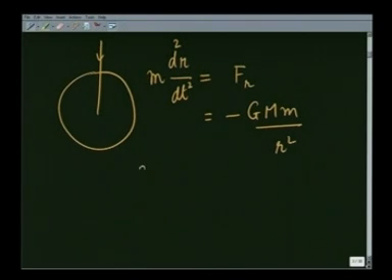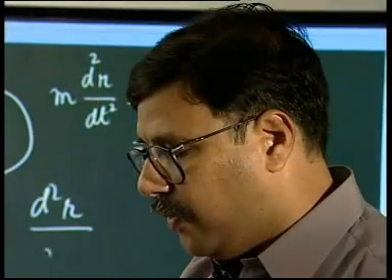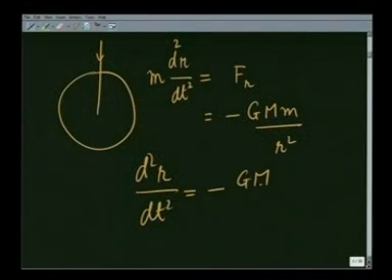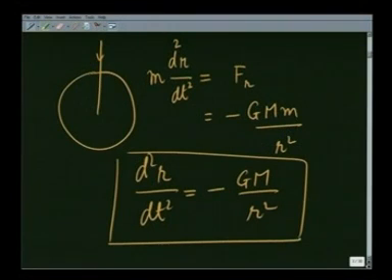And therefore, I have d 2 r over dt square equal to minus GM over r square. This equation is very difficult to integrate with respect to time.